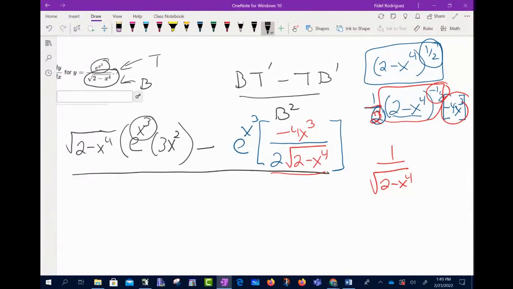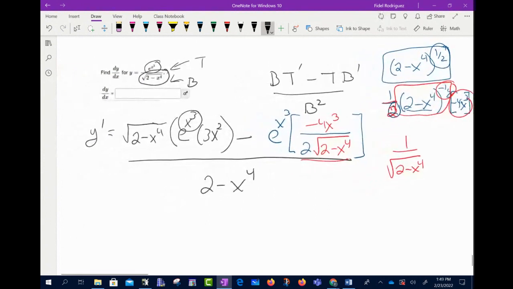If we were to take the bottom part of our function right there, and we were to square it, would y'all agree it would just be 2 minus x to the fourth? Because when you square the square root, they go away. There's our derivative. Ugly, isn't it? But there it is. Okay.